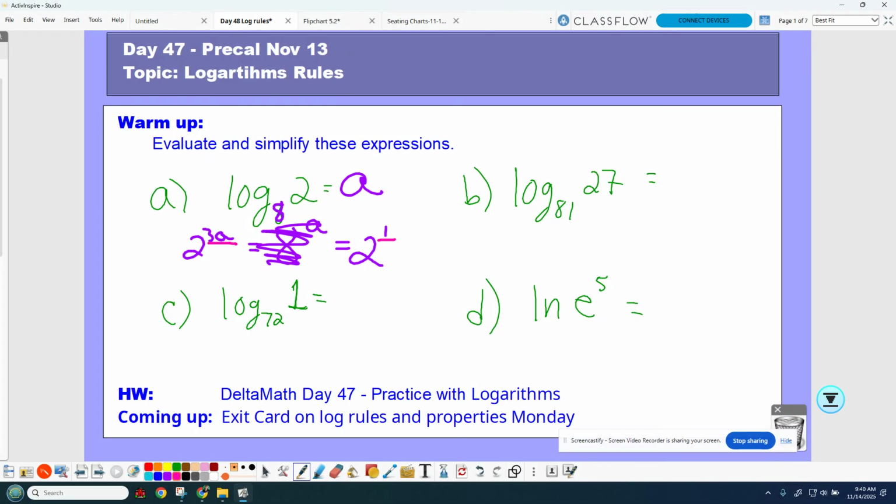Are they in exactly the same position? Don't they have to equal each other? So we're going to take them out and set them equal to each other. So what does this equal? 1/3.